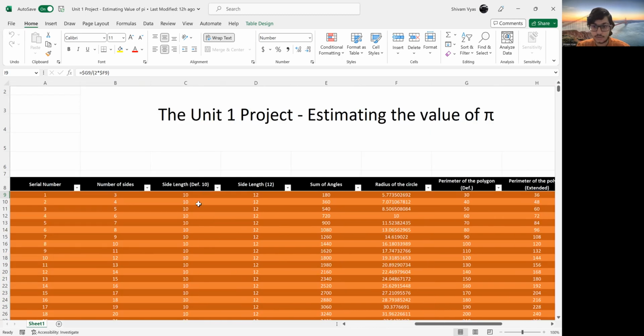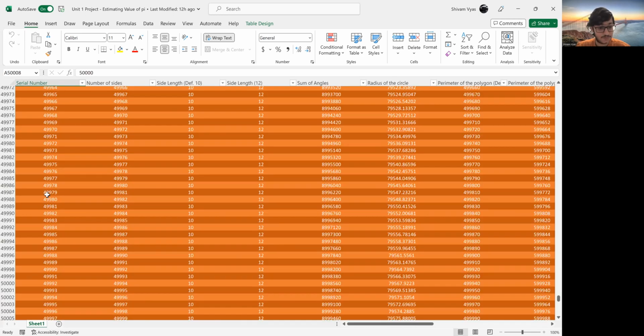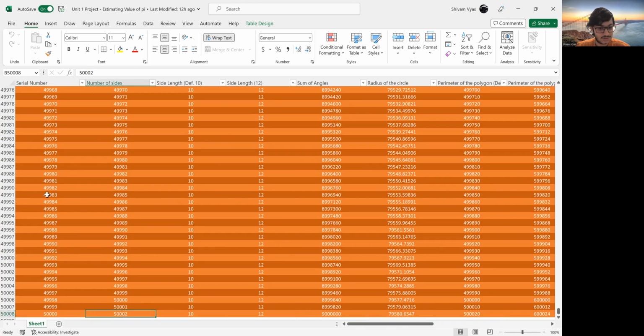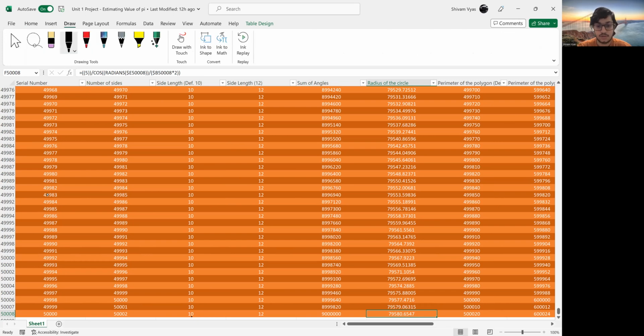And you can actually simulate it through to the end, which for me is 50,000 right here. The number of sides is 500,020, and the side length is 10 and 12, and this is the sum of angles. This is the radius of the circle, considering the side length of 10.